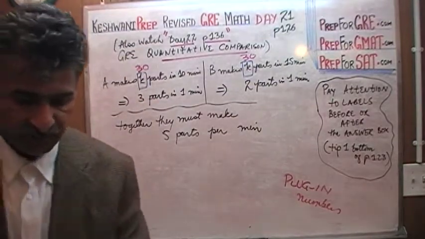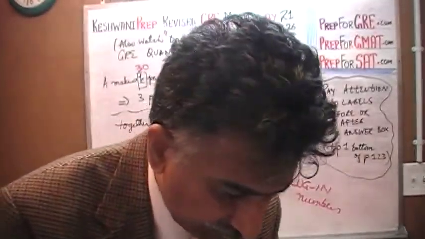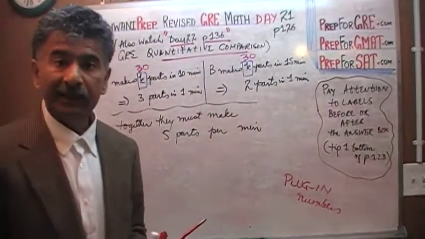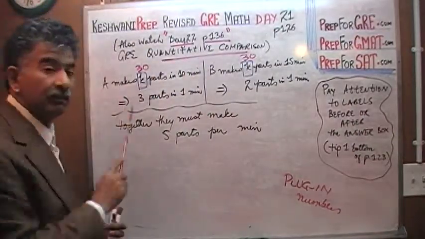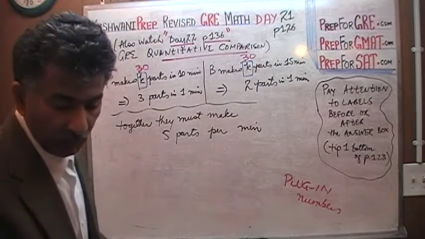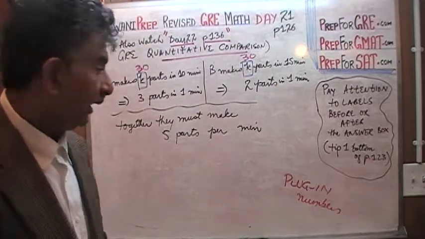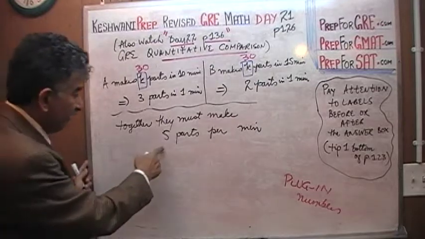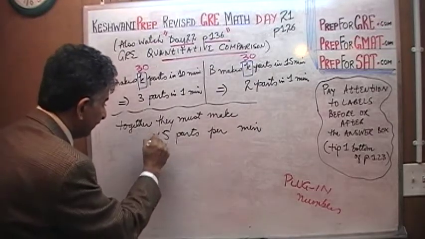If it's 5 parts per minute, the question simply is, how long will it take them working together to make K parts? K in our case is 30. We plugged in 30 here. So now the question is, how long will it take them to make 30 parts if they are making 5 parts in a minute? Well, if they're making 5 parts in a minute, 30 is just 6 times the amount.